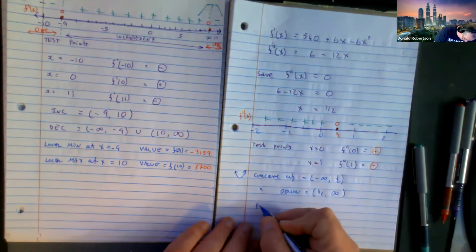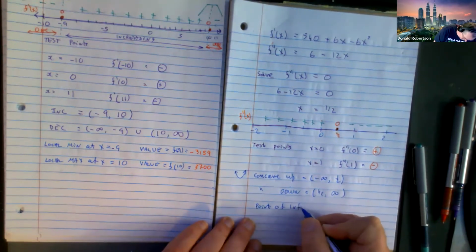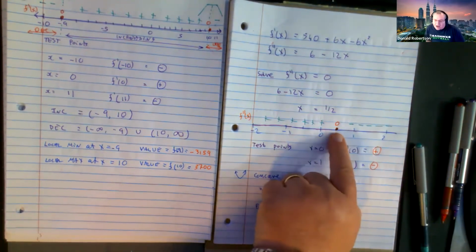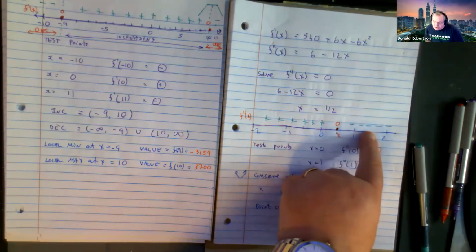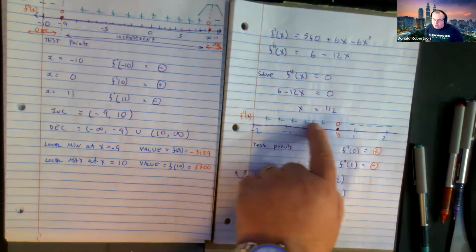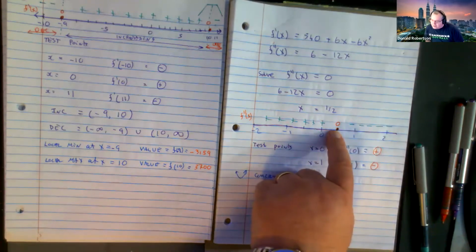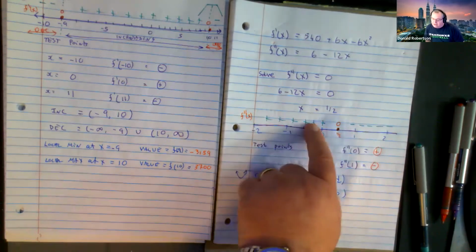And to finish with this, we have a point of inflection. Now, the point of inflection happens when there's a change from concave up to concave down. See, if this had said positive, 0, positive, that wouldn't be a point of inflection, right? It has to be positive, 0, negative, or negative, 0, positive.